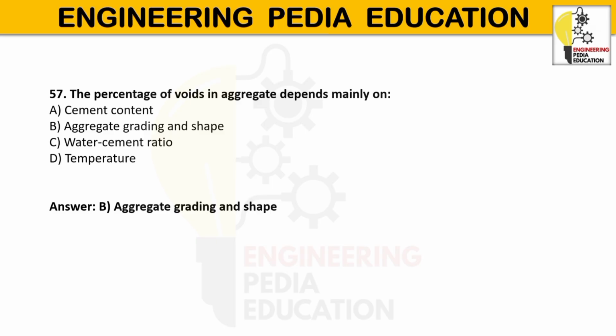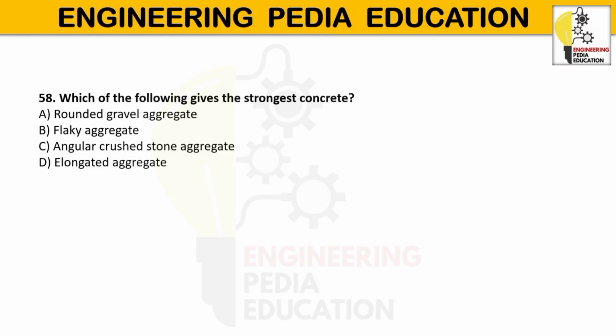Which of the following gives the strongest concrete? Rounded gravel aggregate, flaky aggregate, angular crushed stone aggregate, elongated aggregate. So the correct option is angular crushed stone aggregate, which gives the strongest concrete.